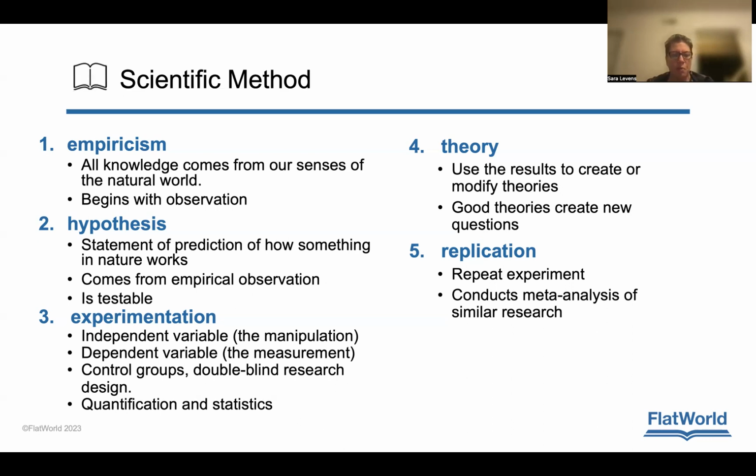So hypothesis comes from our observations, and it is testable, and we test these hypotheses through experimentation. In experimentation, we have this independent variable, which is the manipulation. It could be physical activity, it could be brushing your teeth, whatever piece that you're doing.